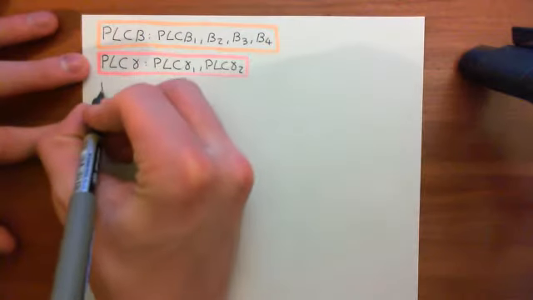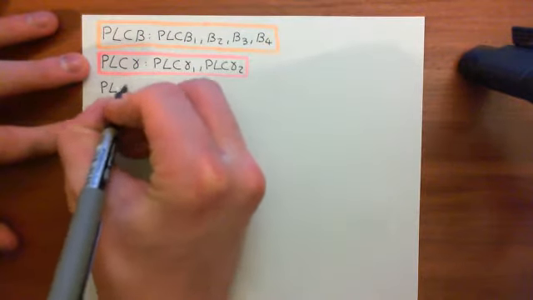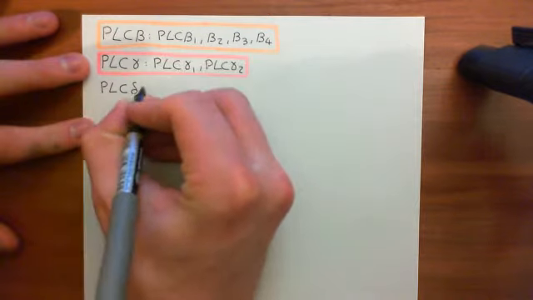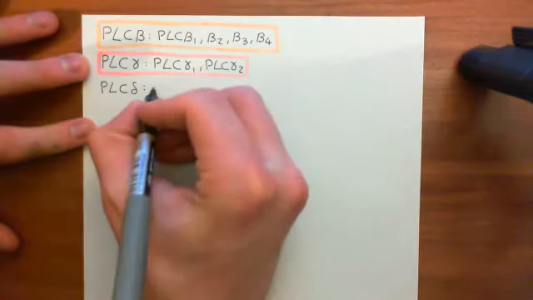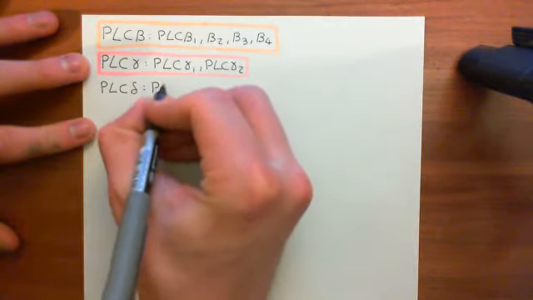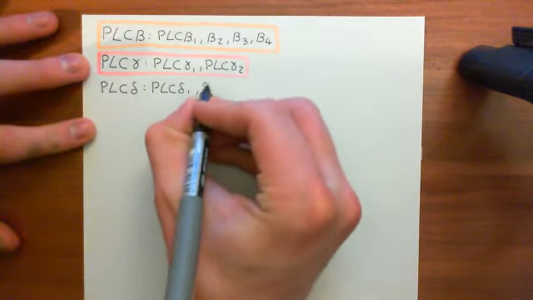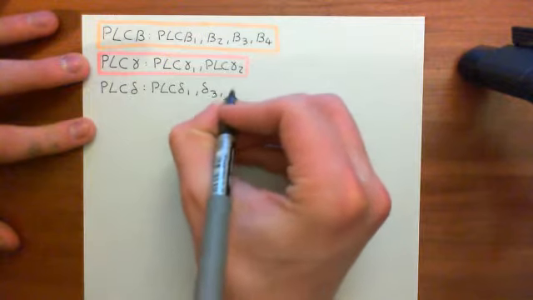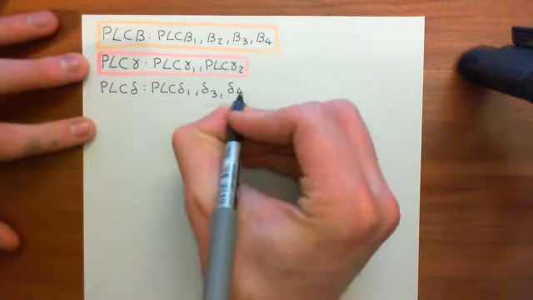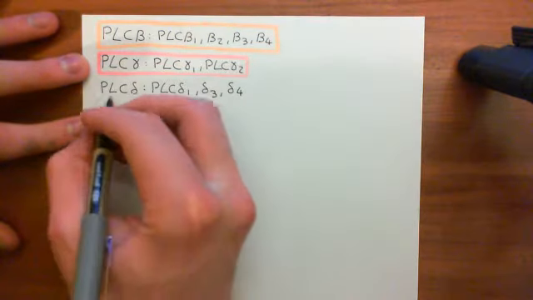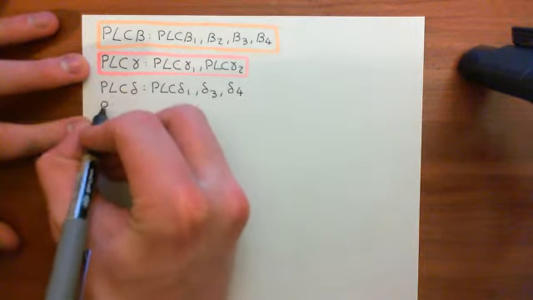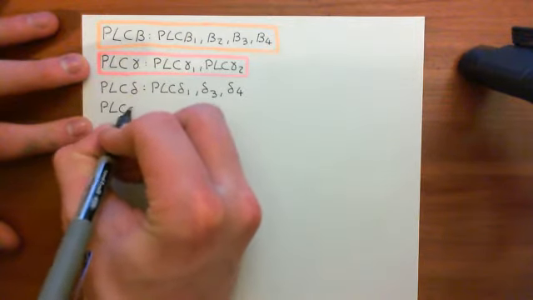Next up we have the phospholipase C delta family of phospholipase C enzymes. In this there are 3 members: phospholipase C delta 1, phospholipase C delta 3, and phospholipase C delta 4. Then the next family is the phospholipase C epsilon family.